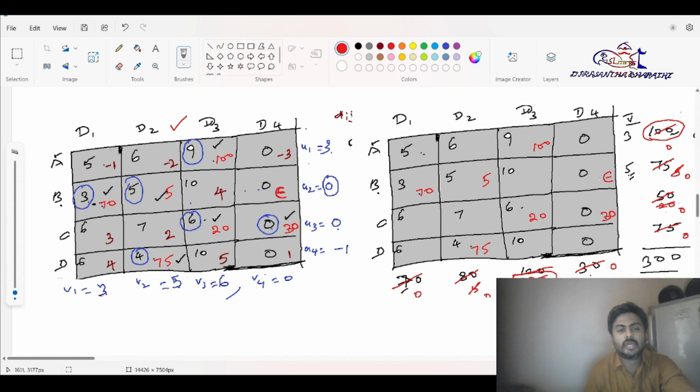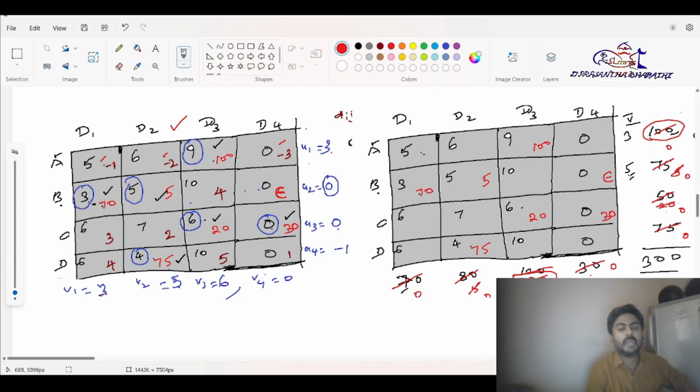So here you can see the dij values. The dij values you are having are -1, -2, and -3. Because of this only the optimality was lost, right?